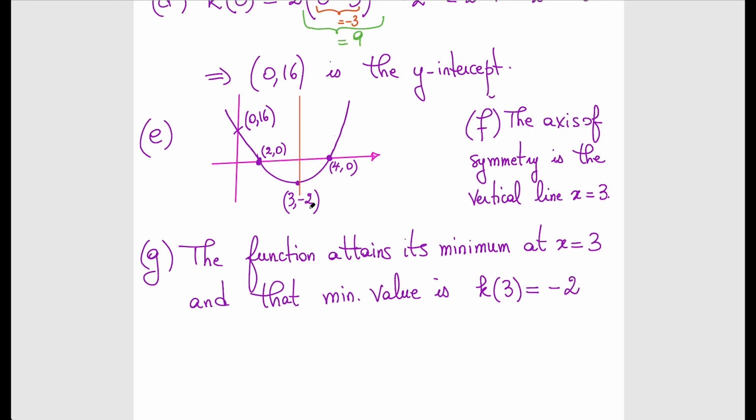It's the y-coordinate of the vertex, right? It's -2. That's the lowest value it takes.